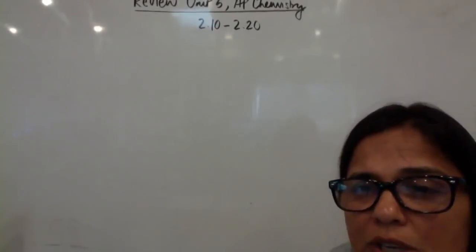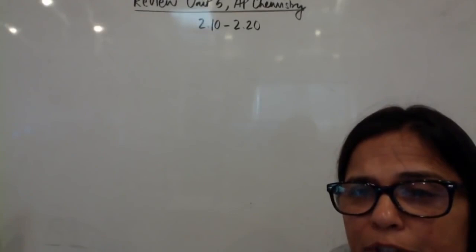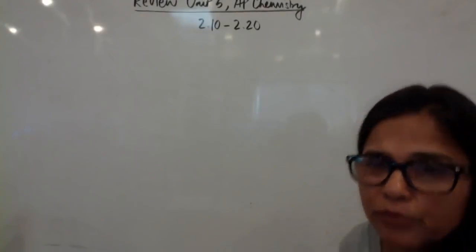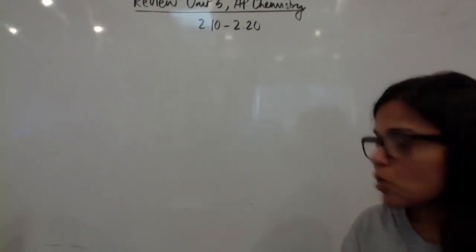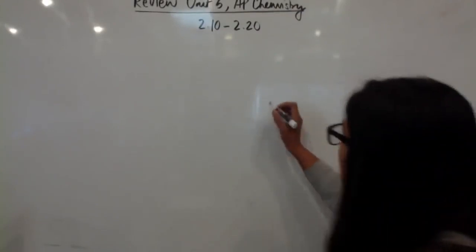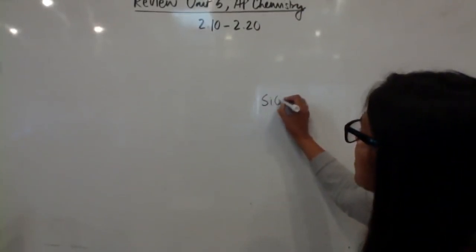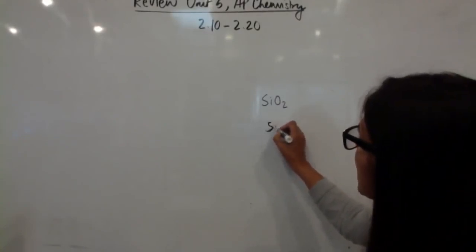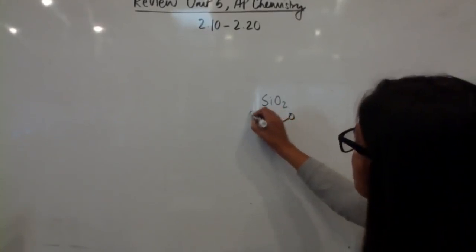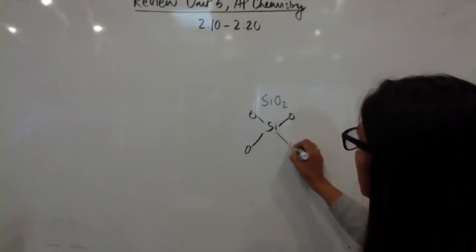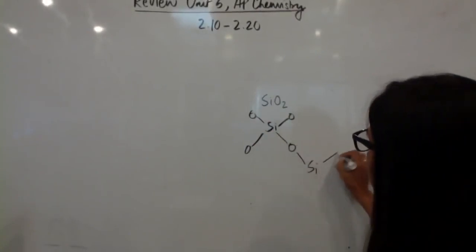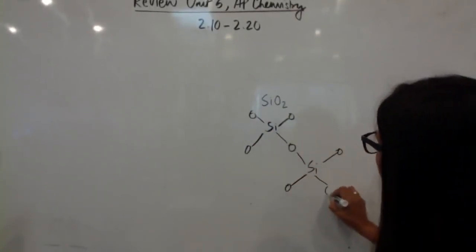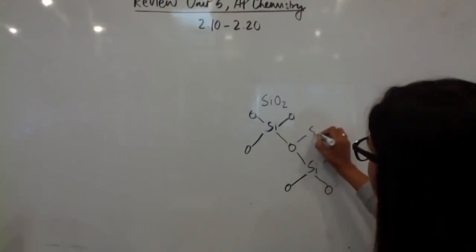So Stephen's question, how do covalent network bonds compare to the bonds you showed in ion? Very good question, Stephen. So covalent network like SiO2. What happens in SiO2? Si is combined with two O's, and those O's are combined with other Si's all through covalent bonds.